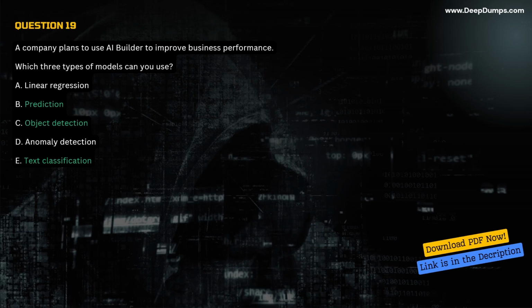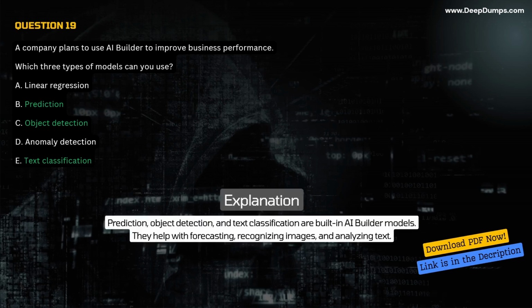Correct answer B, C, and E. Prediction. Object detection. Text classification. Explanation. Prediction, object detection, and text classification are built-in AI Builder models. They help with forecasting, recognizing images, and analyzing text.